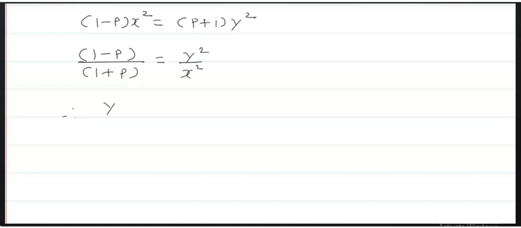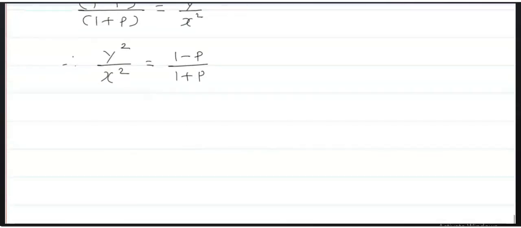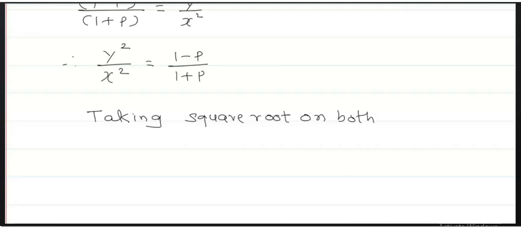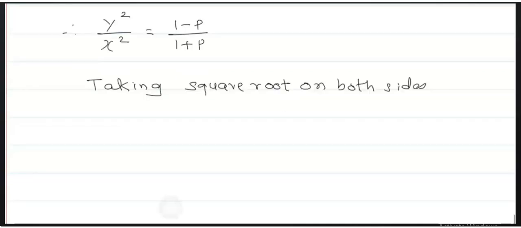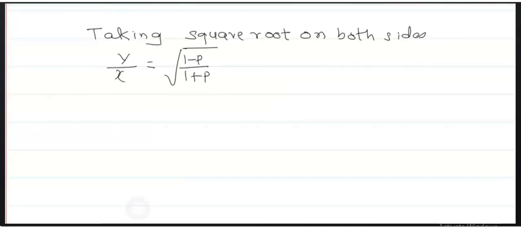That is y square upon x square is equal to (1 minus p) upon (1 plus p). Take square root on both sides. And therefore, differentiate this with respect to x.